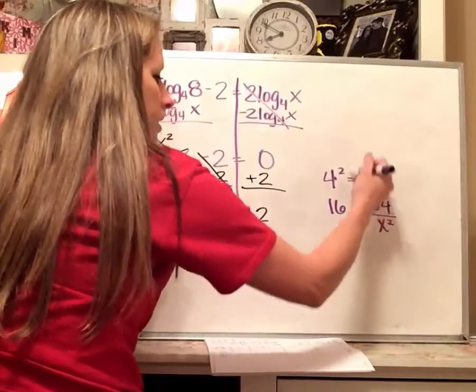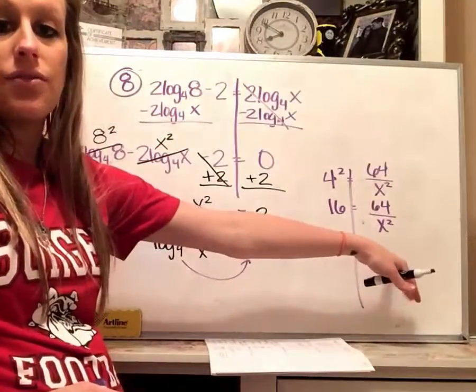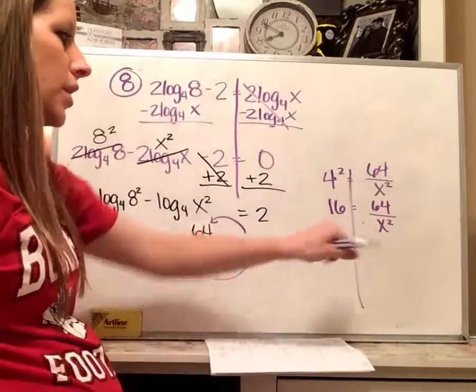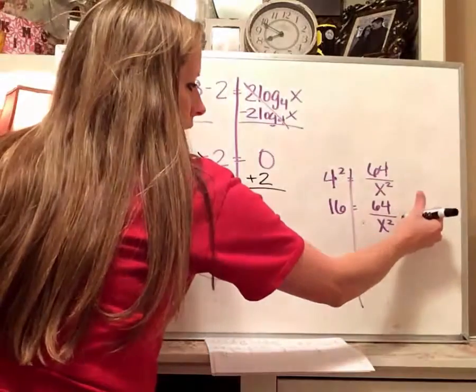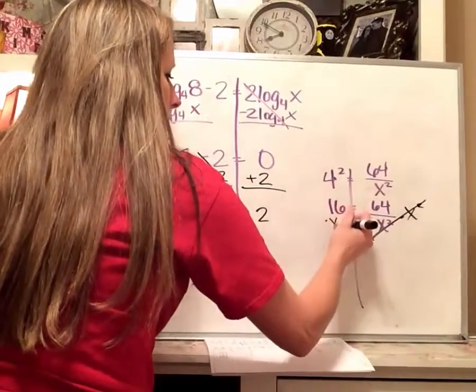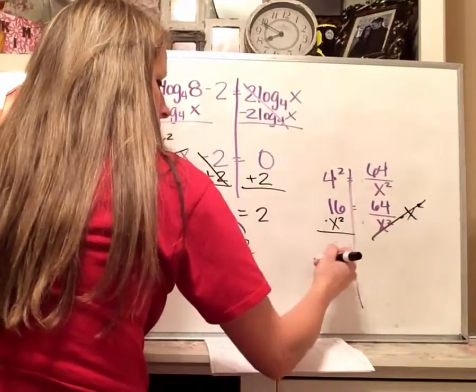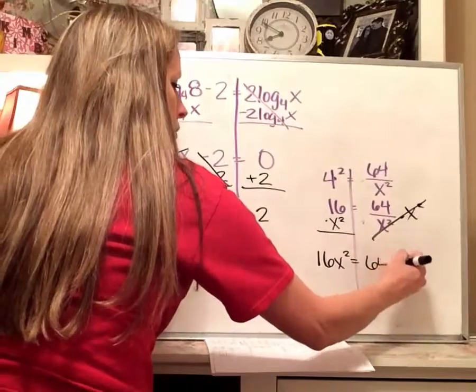Now I need that x squared out of the denominator. I can't do anything with it as a fraction like that. The opposite of dividing by x squared is multiplying by x squared, and I'm going to do that to both sides. So this will be 16x squared equals 64.